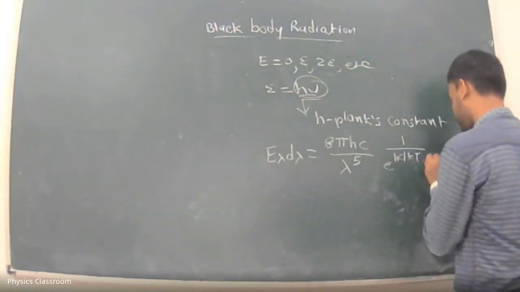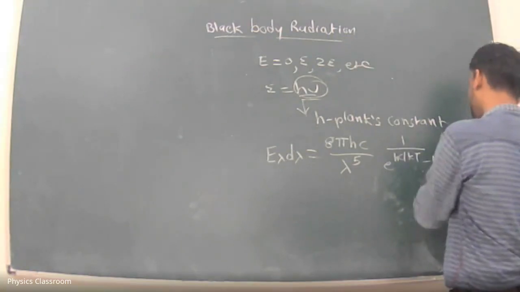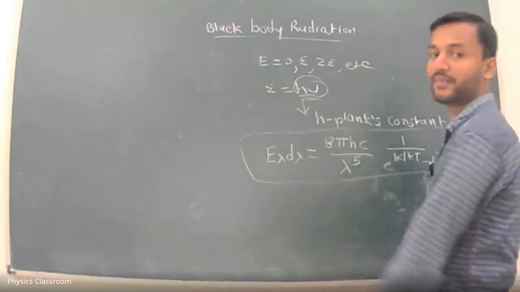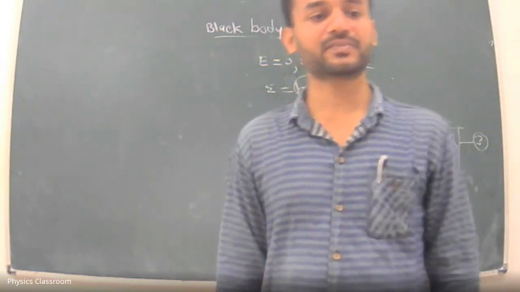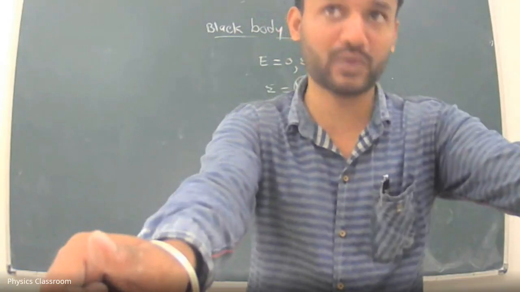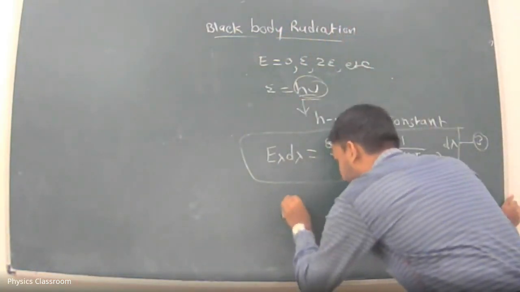This is the last equation, and we call it Planck's radiation formula.